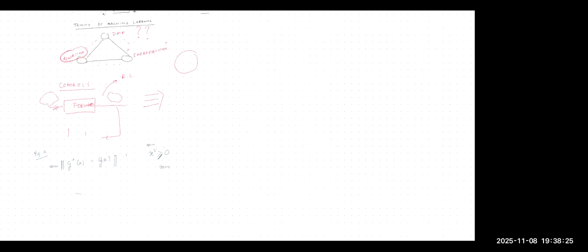Minimum upper bound. My spellings are bad, whatever. But now you can write this like supremum of x squared equals 0. Same, right?